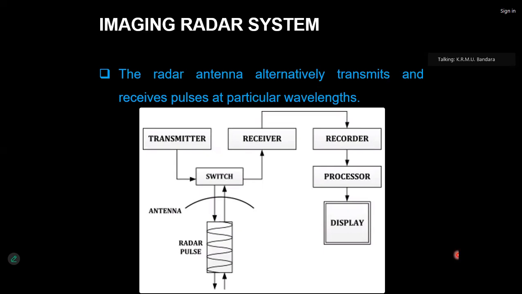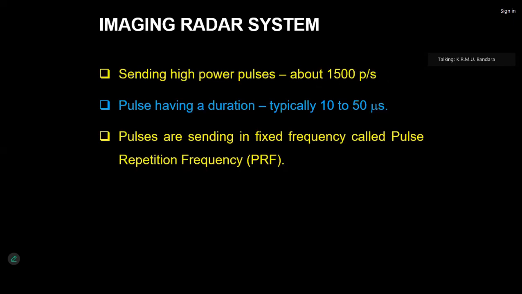The satellite should move to the next line, otherwise the satellite is not focusing on the next line. So the satellite speed and pulse sending speed should all be interrelated. Sending high power pulses, about 1500 pulses per second, depending on the different satellite speeds.